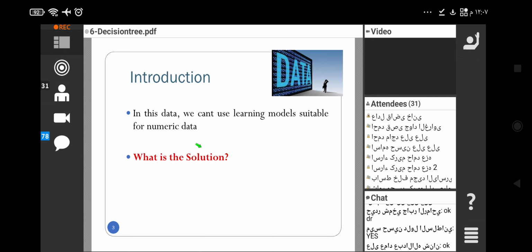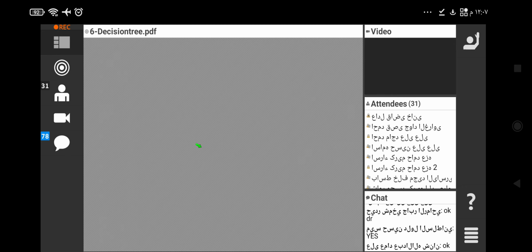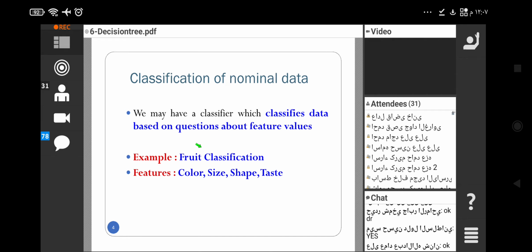So how could we classify it? The solution is that we use a classifier that could classify data based on some questions about the feature values. Okay, this could do the job for us.